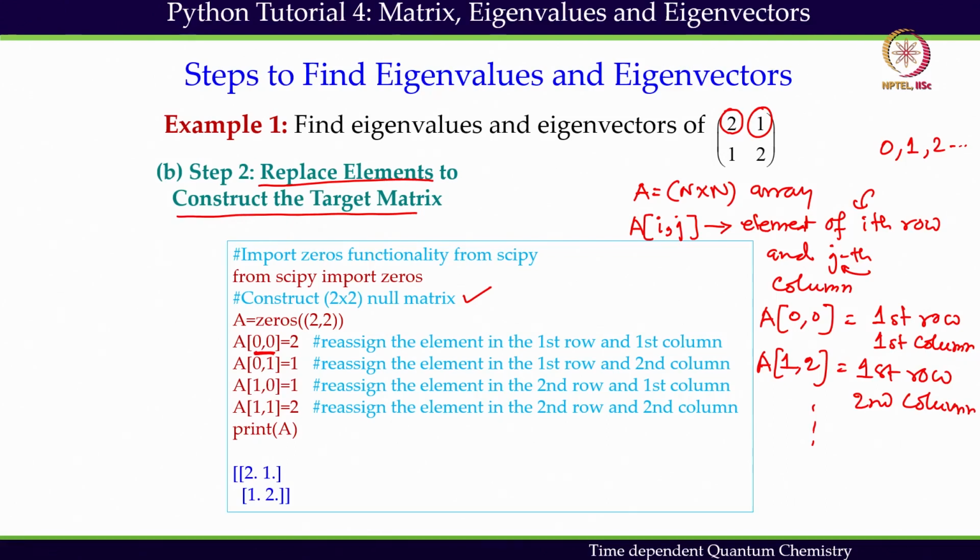So what we are doing here is that first we have constructed the zero matrix, null matrix, and then individual elements are reassigned. So A00 corresponds to the first row, first column. A1 2, sorry, it is going to be second row and third column.